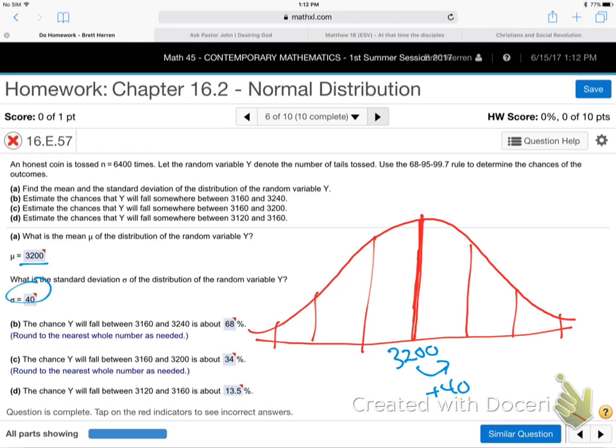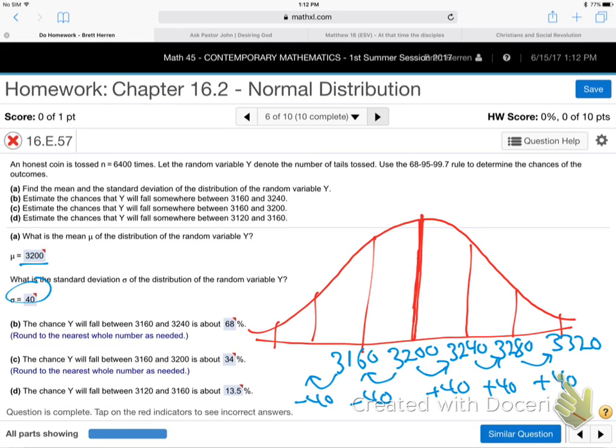So add 40, 3,240, add 40, 3,280, add 40, 3,320, and then subtract 40, 3,160, subtract 40, 3,120, subtract 40, 3,080. Like that. And the percentages, as you know, are always the same.